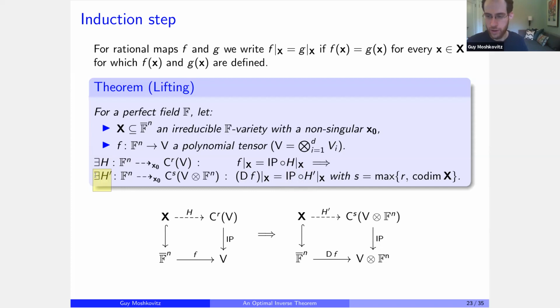So there's another rational map H prime that now returns two lists in an S constructing space of d plus 1 tensors, for bounded S. We can bound S by the maximum between R, which was the length of the decompositions in the assumption, and also what enters the picture is the codimension of X. So the geometry of the variety enters the partition rank decomposition here.